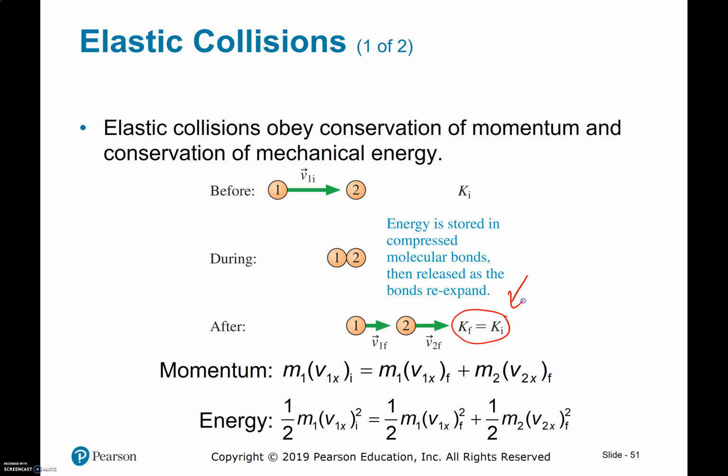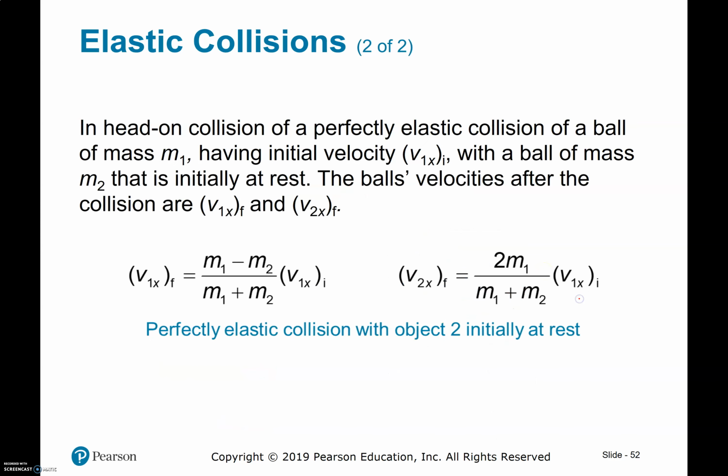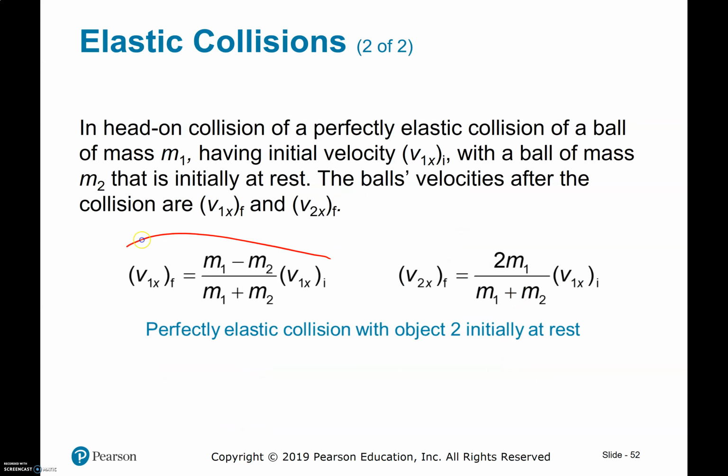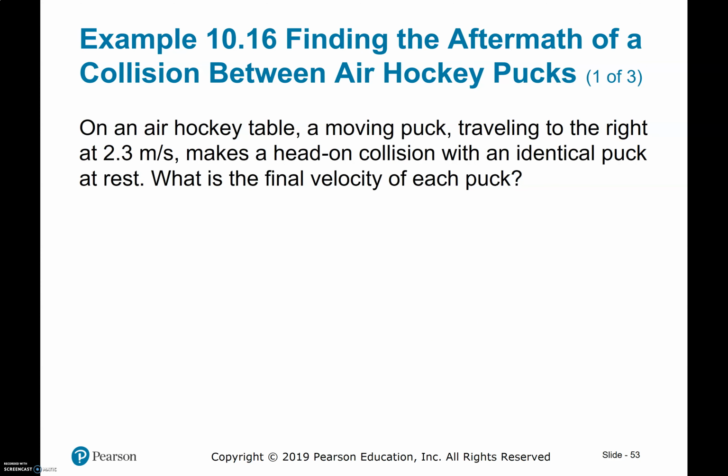So this is a second equation that you can use to help you solve problems in some cases. If we were to work with these equations and do some manipulation, then you get these equations for the final velocities in elastic collision. So now we have two equations along with the conservation of momentum equations that we can use to study problems.